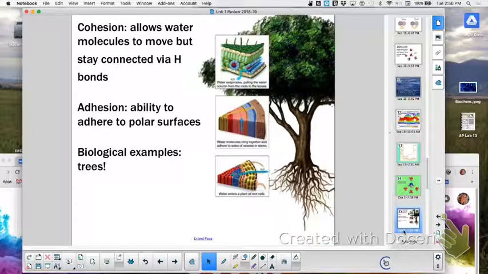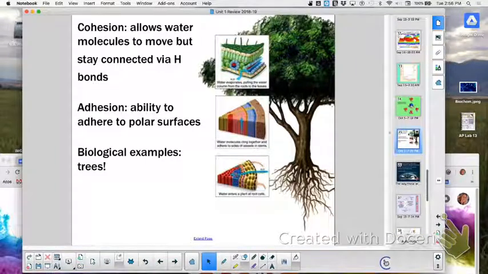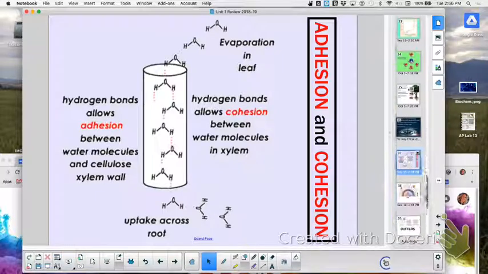Another polar surface. And the biological benefit we saw there was especially in trees to maintain columns of water where you're pulling the water up from the roots all the way to the tippy top, right? And what do you call that evaporation of water out the tops of trees or leaves? Transpiration. Good, transpiration. All right, we talked hydrophilic, hydrophobic, adhesion, cohesion.